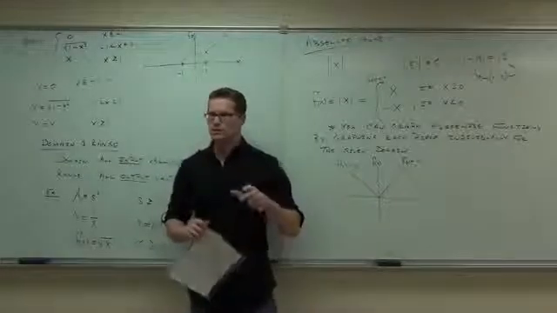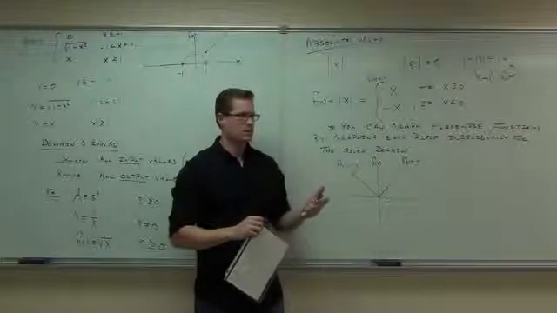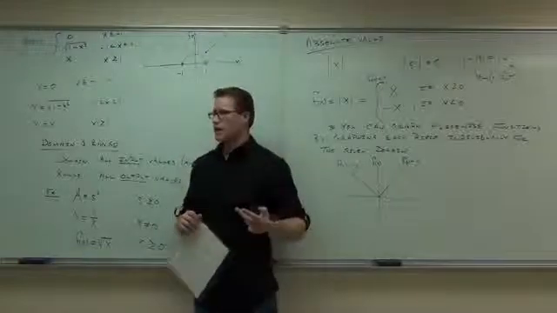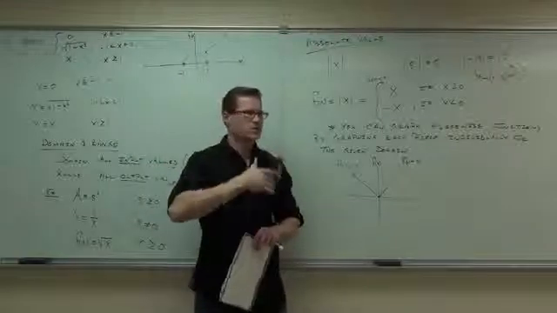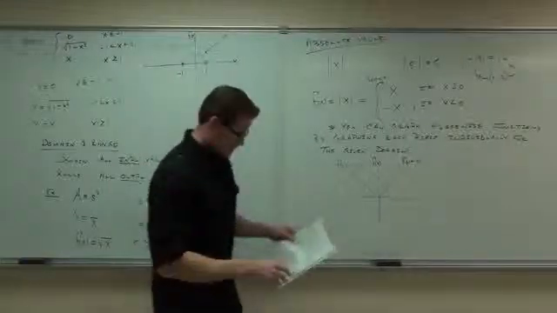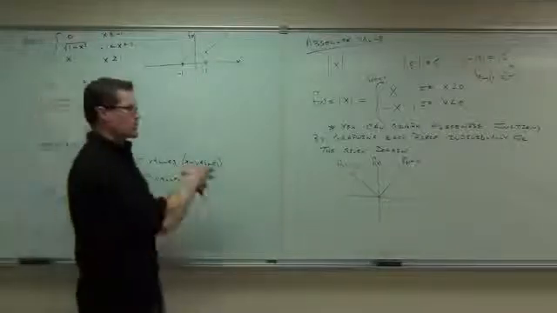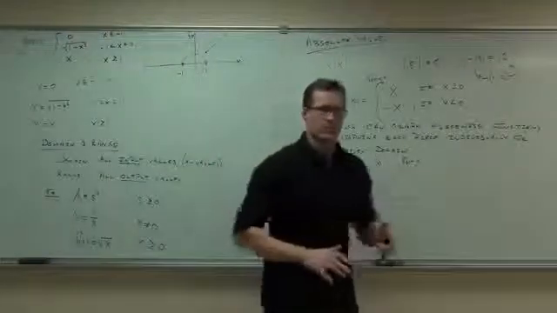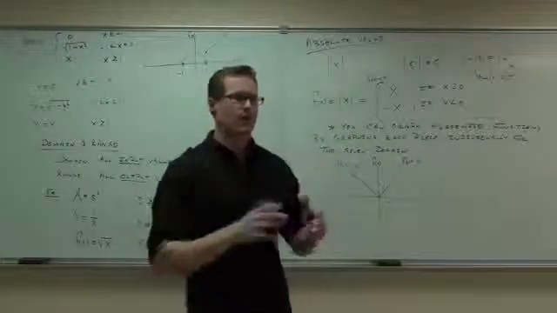Now let me make a little statement there. If you're talking about complex numbers, can you do it? Sure, you'd have an i. But if we're talking about real numbers and graphing them on a real number system, well, we can't. Now, we're going to redefine domain just a little bit. I don't know if your book does this or not, but we're going to define domain in a special way in this class called the natural domain.